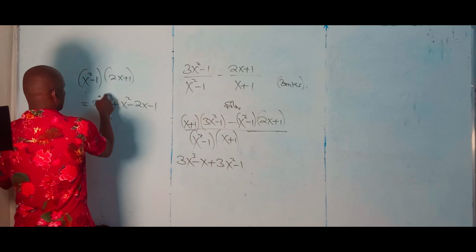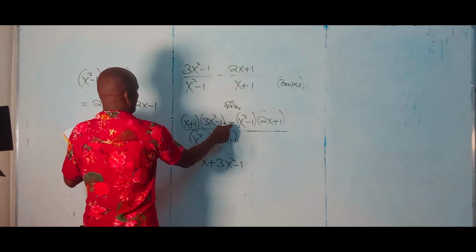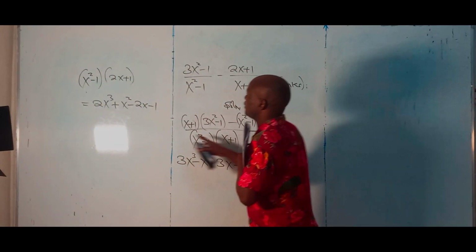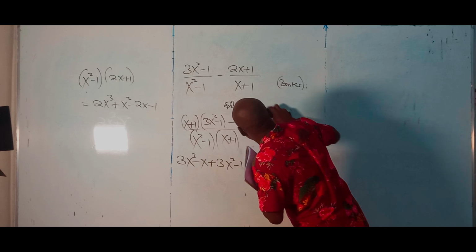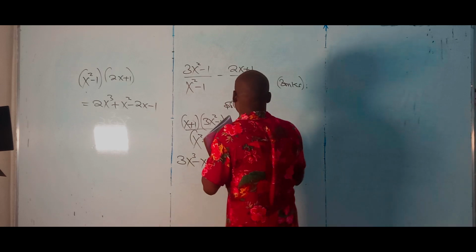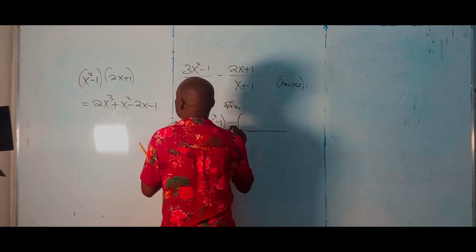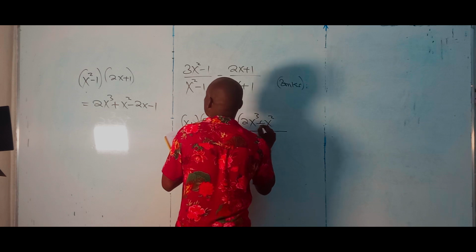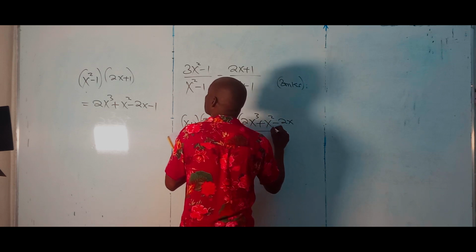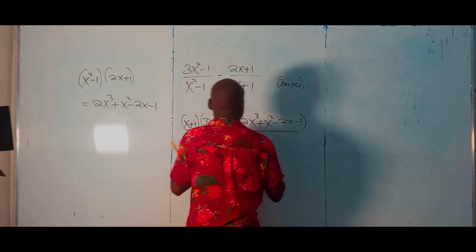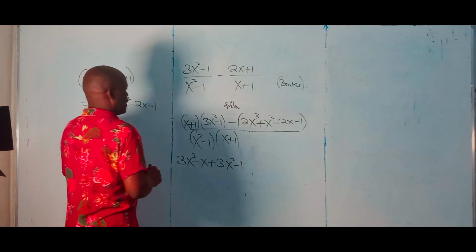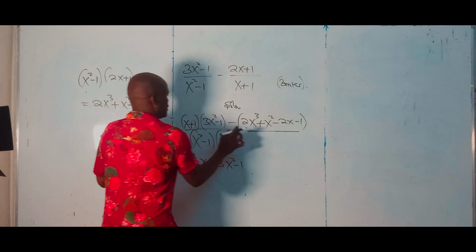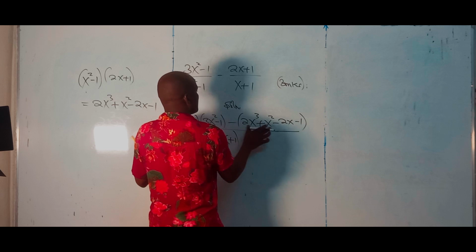So I'll have to subtract this from this. Where I have this, I want to replace it with that, so I put a bracket again. So I have 2x cubed plus x squared minus 2x minus 1. Close the bracket. And so here I'll be continuing, because this is the expansion of this. So I'll be opening up this particular bracket.